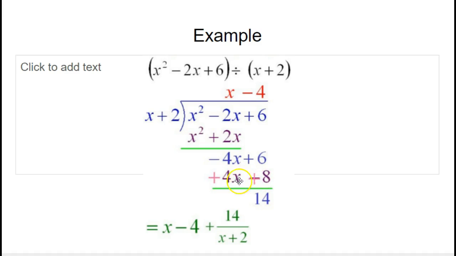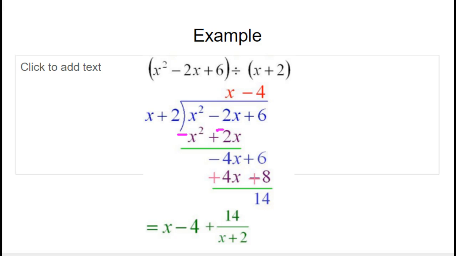Now you can see in this example that there are plus symbols here, and that's because, here, let me show you. Here, when there was subtraction, we just did x squared minus x squared and negative 2x minus positive 2x. But you always have the option of instead changing these to the opposite of what they are and adding them.